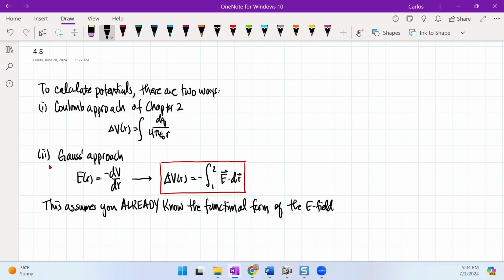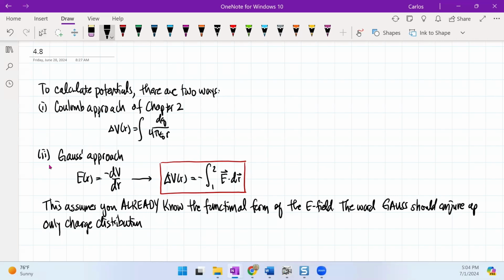And what this really tells us is that the word Gauss should conjure up only charge distributions of a high degree of symmetry.